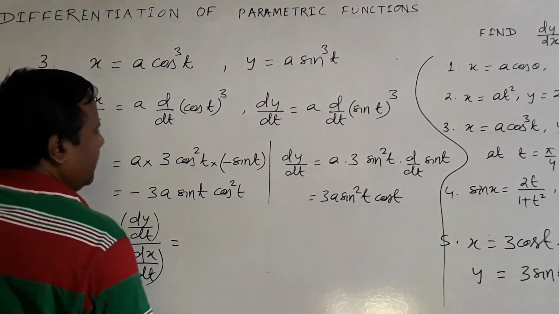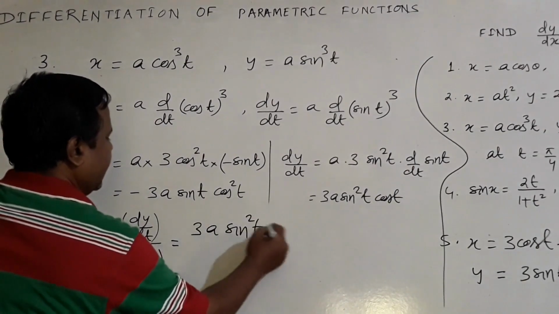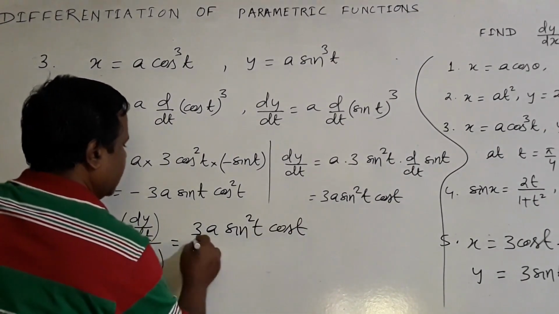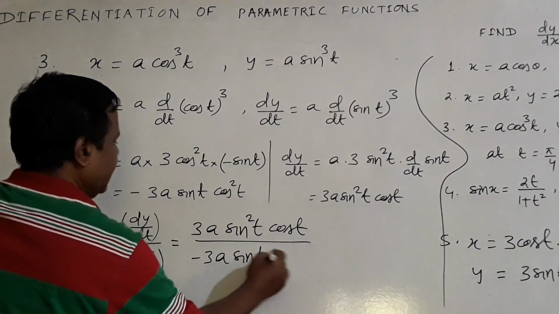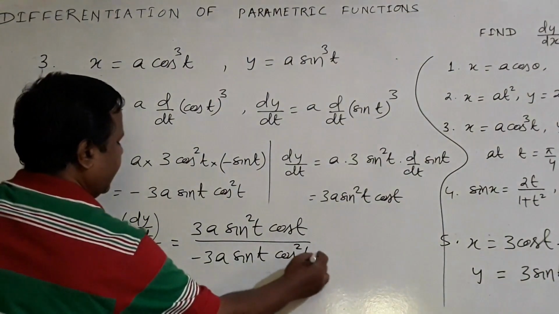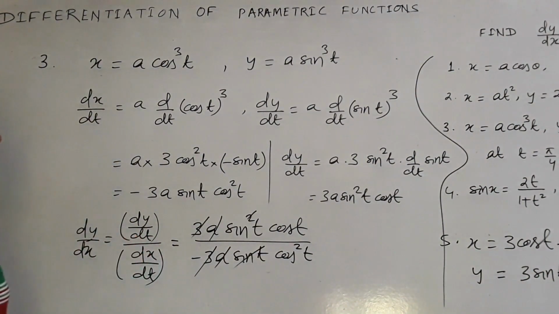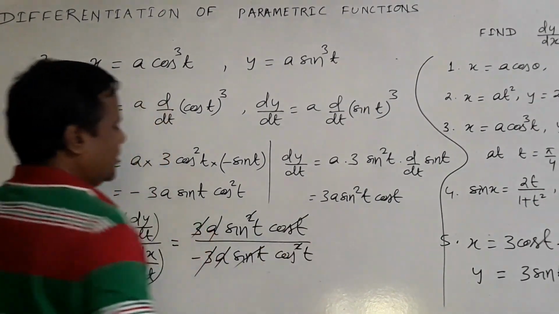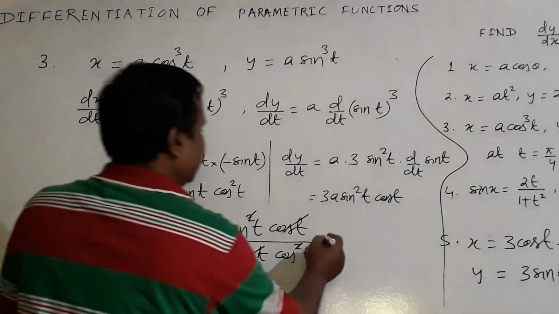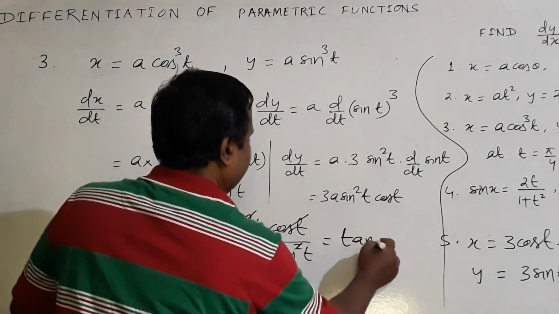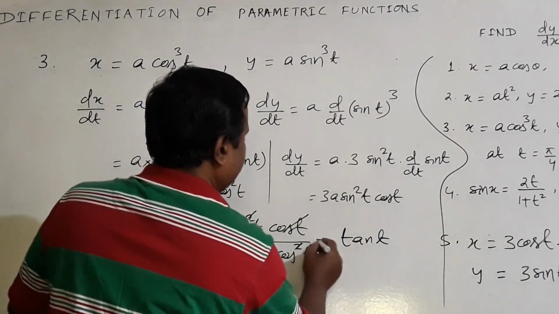Now dy by dt is 3a sin square t cos t divided by minus 3a sin t cos square t. 3a sin t cos t cancel, sin t by cos t becomes tan t. And you will put a minus sign here. Okay, it becomes minus.